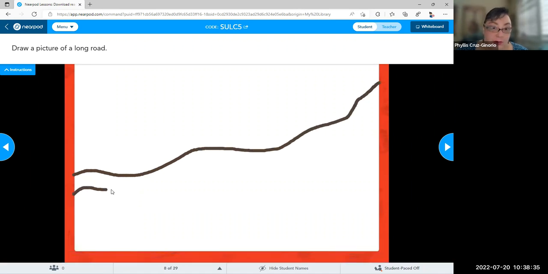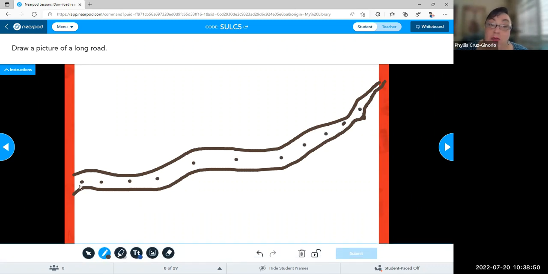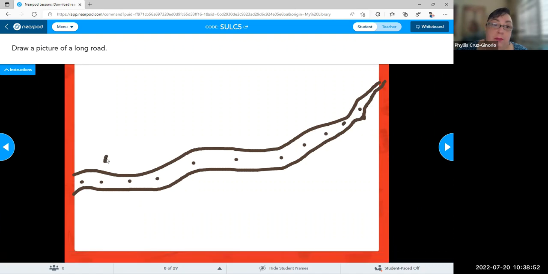Wait, I have to do the middle part. Almost finished. There you go. And then we have the little dots in the middle, right? The little lines. How do you like my long road? I'm going to put a tree here so you can tell just how long that road is.